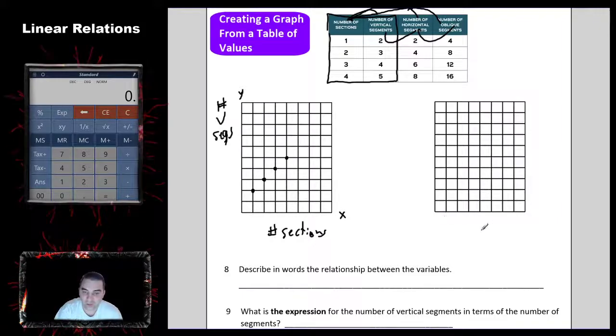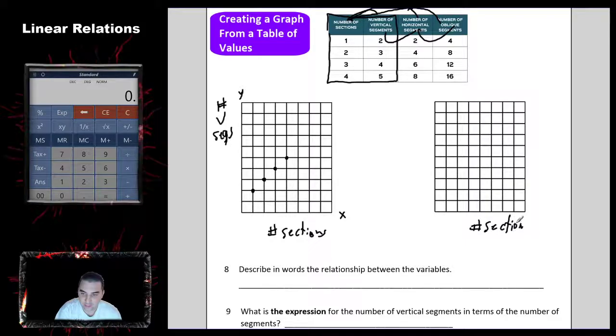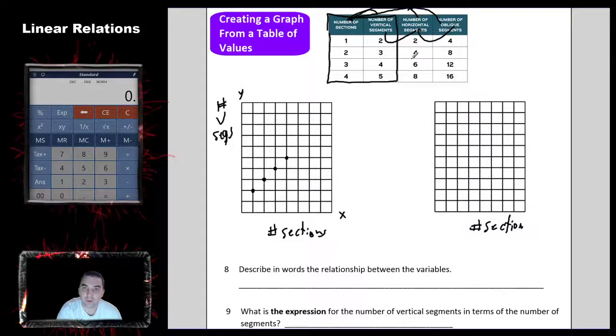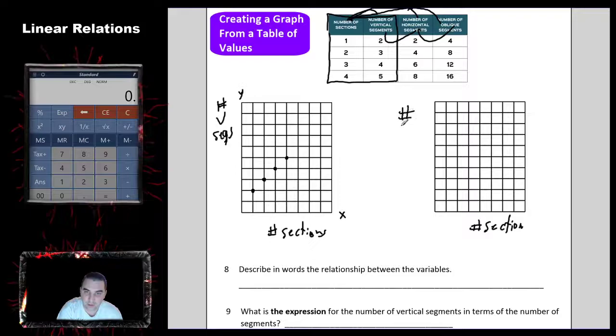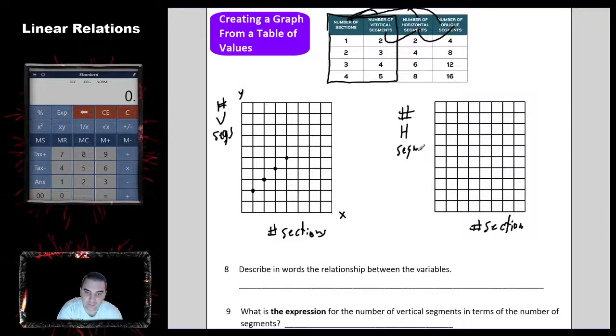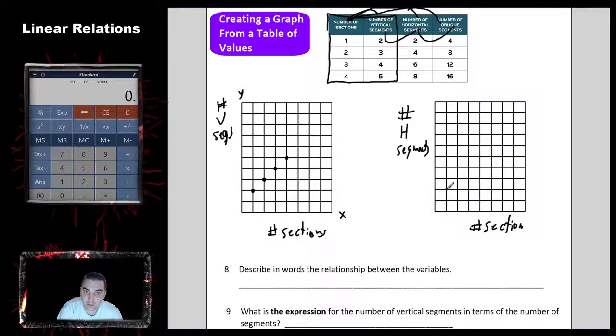For every increase of section, for example, here, let's try the number of horizontal segments. For every increase of 1, we are increasing by 2.